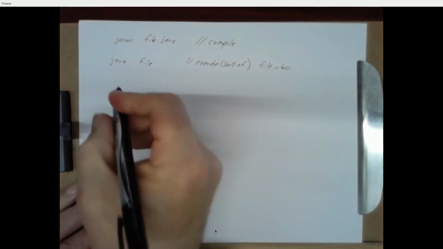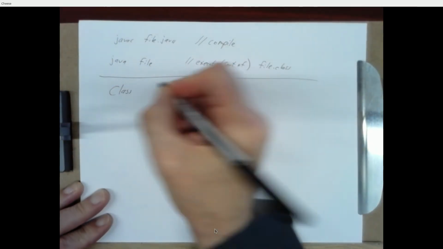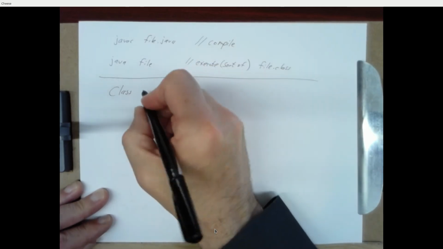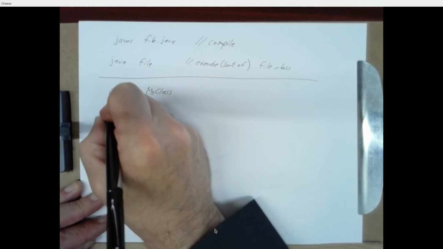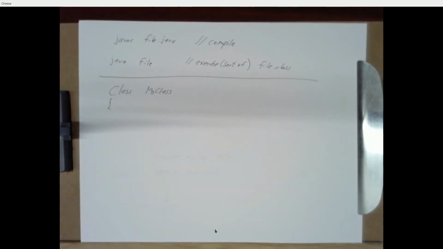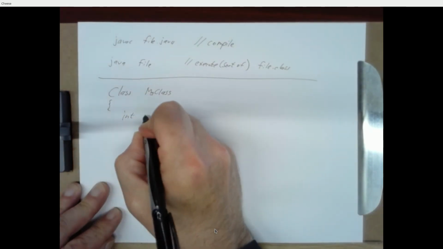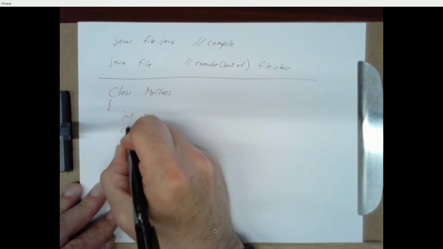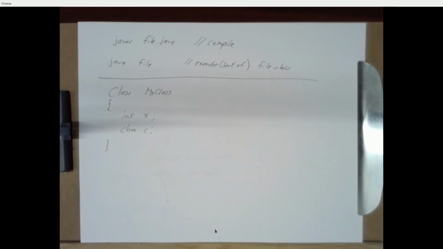So critical to all of this is the idea of a class. I'm just going to call it my class. When you define a class, we can do like we did in C. We can define a class and we can put some fields in there.